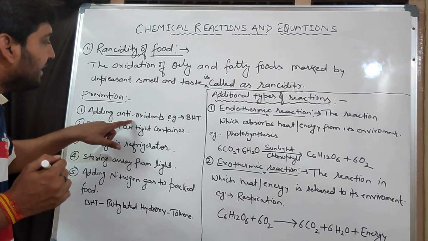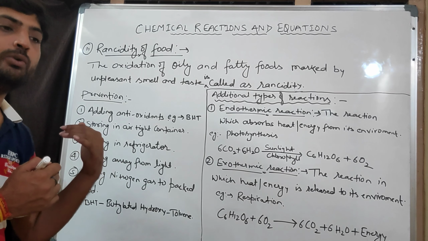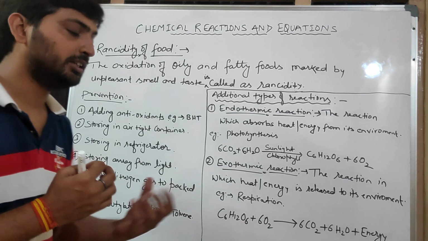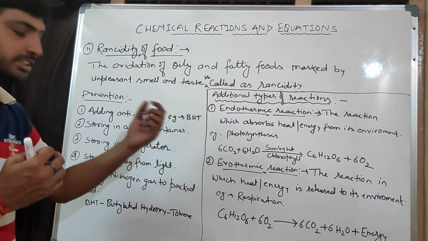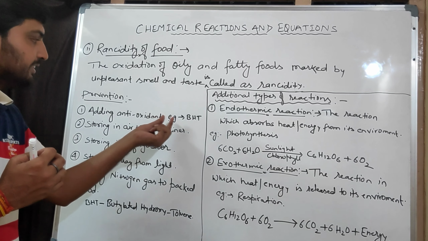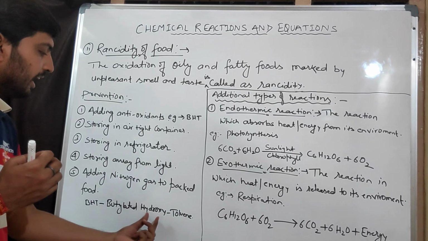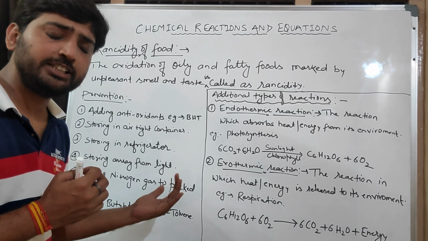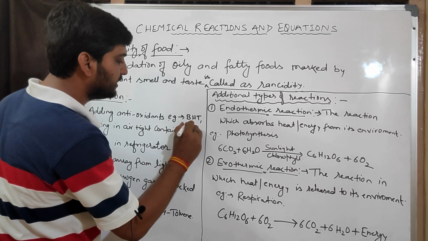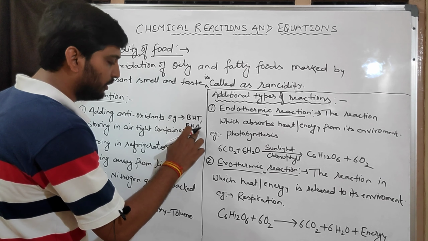First is adding antioxidants, meaning adding chemicals which do not allow the food to oxidize, like BHT. What is BHT? Butylated hydroxytoluene. This is an example of an antioxidant. One more example is BHA, butylated hydroxyanisole.